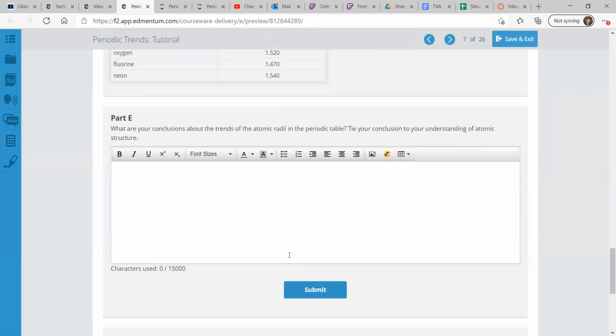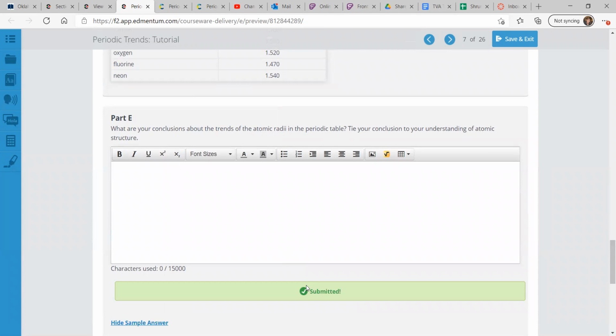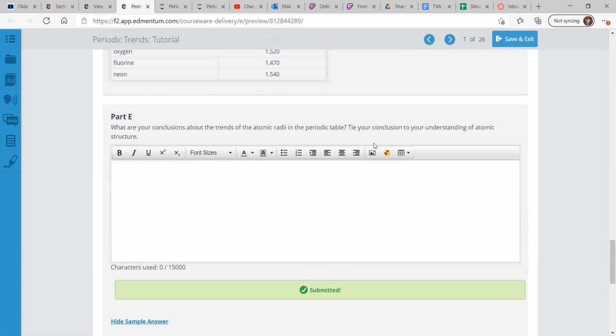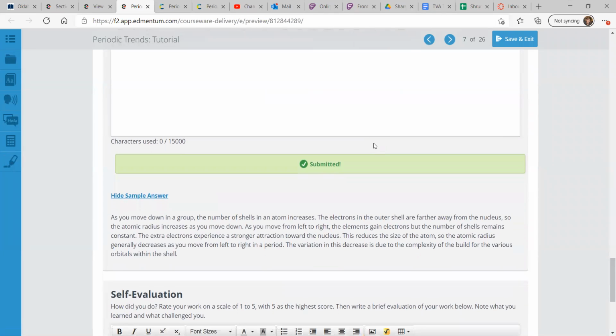What are your conclusions about the trends of the radii, atomic radii, in the periodic table? Tie your conclusion to your understanding of atomic structure. So, as you move down in a group, the number of shells in an atom increases. The electrons in the outer shell are farther away from the nucleus, so the atomic radius increases as you move down.